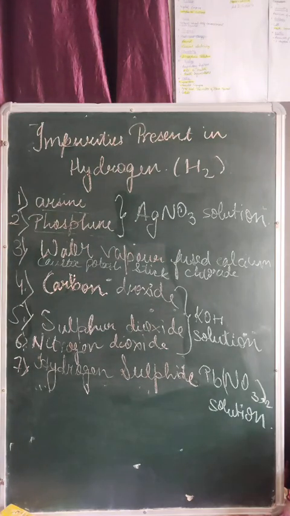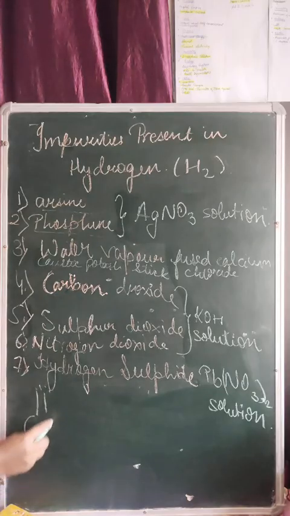Now let us move on to the precautions. Several precautions must be taken when the process is carried out. First of all, the apparatus should be airtight and there should be no leakage of gas, because leakage of hydrogen is very harmful. It can even cause death. There should be no flame near the apparatus.